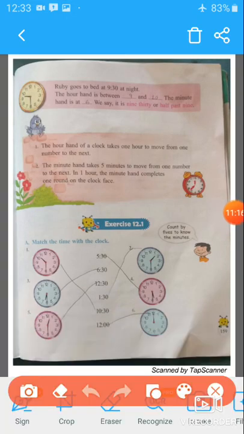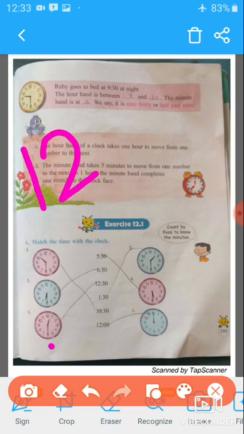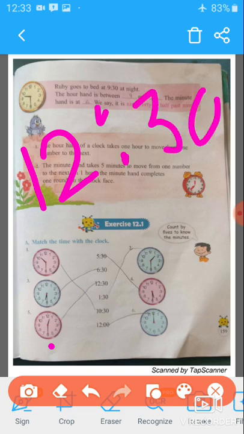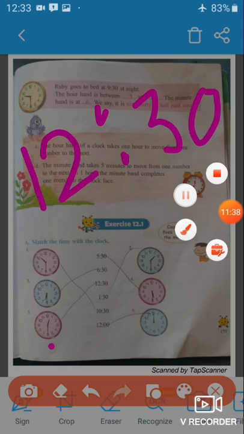Now look at the fifth clock. Here the hour hand is between 12 and 1 and the minute hand is at 6. It means this clock shows the time half past 12. It can be written as 12 colon 30.